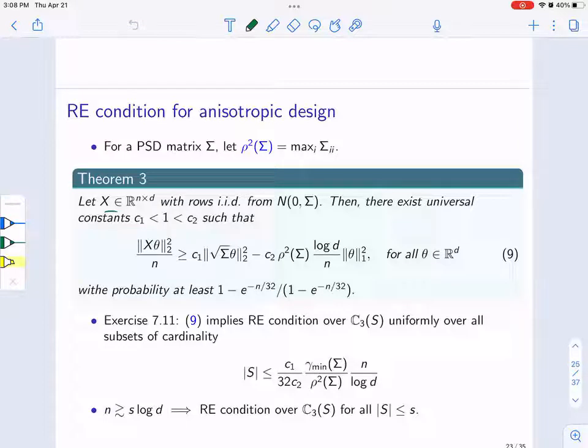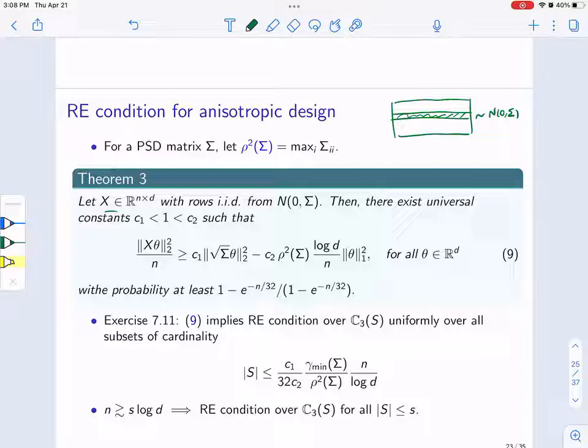Isotropic means sigma is identity. So we have a Gaussian design, where the rows are IID, each row an IID draw from normal 0, sigma. These are the covariates. Anisotropic means that sigma is generally not identity.